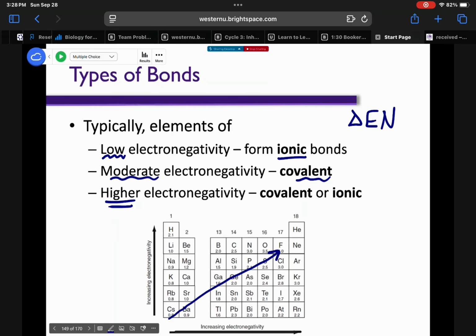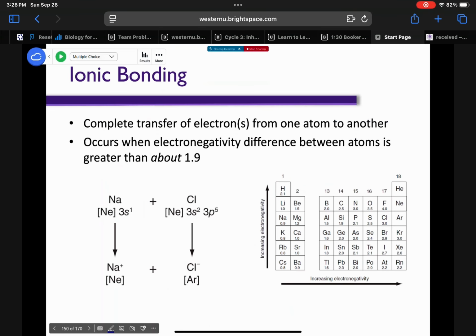Well, if there's a big electronegativity difference, we're going to have some ionic bonding. Ionic bonding is where we don't have any sharing of electrons. We have an electron hog and a pushover, someone who doesn't hold their electrons as much, and there's a complete transfer of electrons when we're talking about ionic bonding. The change in electronegativity, the difference between these two atoms, tends to be bigger than about 1.9.